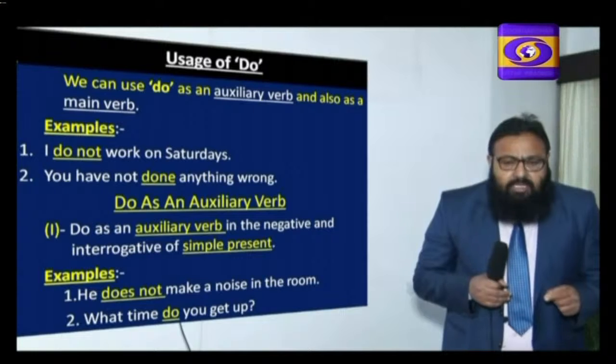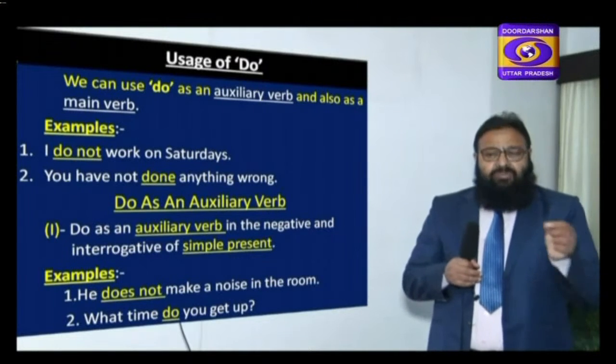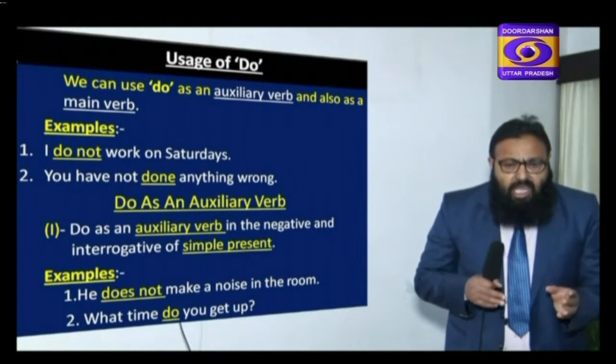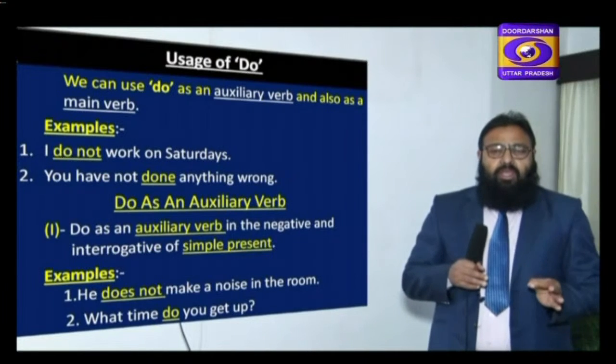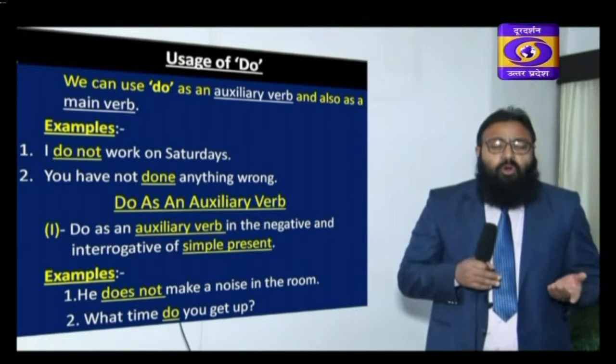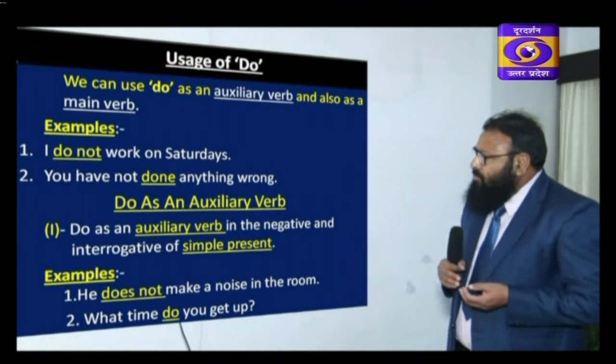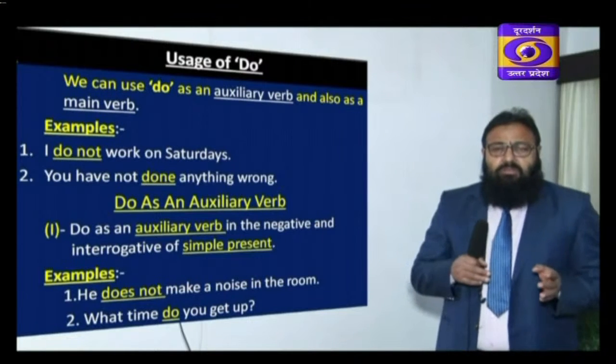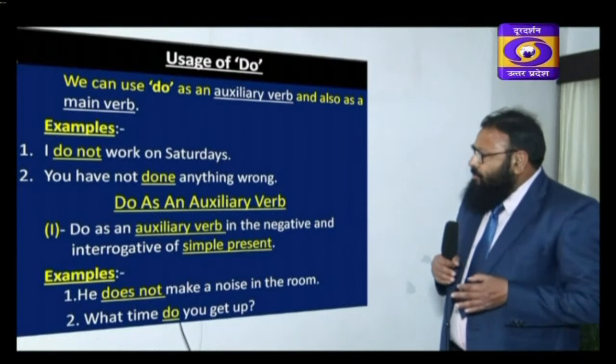Just to recapitulate, it is a helping verb as well as a main verb, and it is also used in some specific senses. You may refer to my previous video for detail. Now we shall talk about do today.